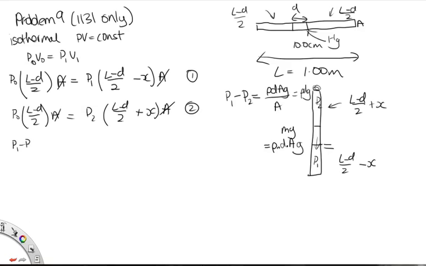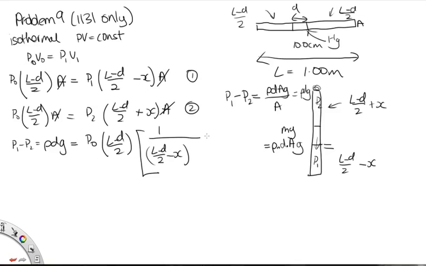So P1 minus P2 is equal to rho dg, and this is equal to, we can rearrange equation 1 to get P1, and so this is P0 L minus D over 2 times 1 over L minus D over 2 minus X, minus P2, we have 1 over L minus D over 2 plus X, and we've got to solve this.